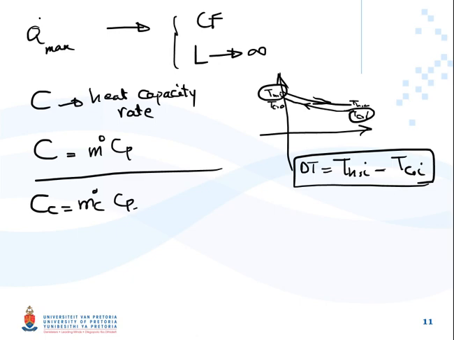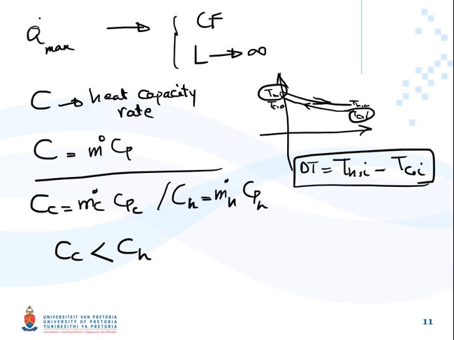The heat capacity rate of hot fluid is m dot H Cp H. So just assume that we have this situation, that the heat capacity rate of hot fluid is much bigger than the heat capacity rate of cold fluid.